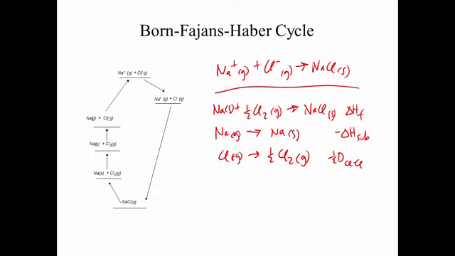Now let's ionize them. So sodium ion, that's the first ionization energy, or rather, this is the negative of the first ionization energy. And then here we have chlorine going to chloride, so that's electron affinity of chlorine.